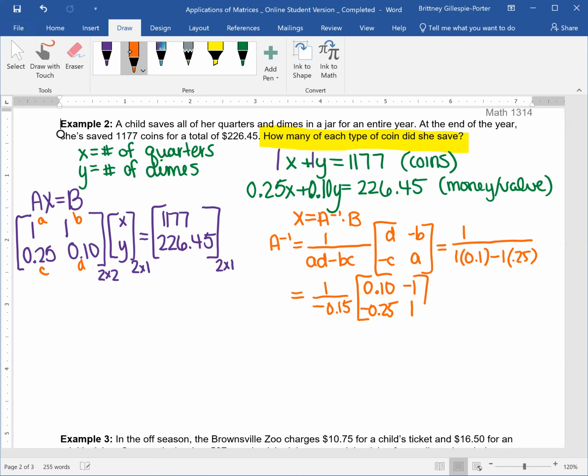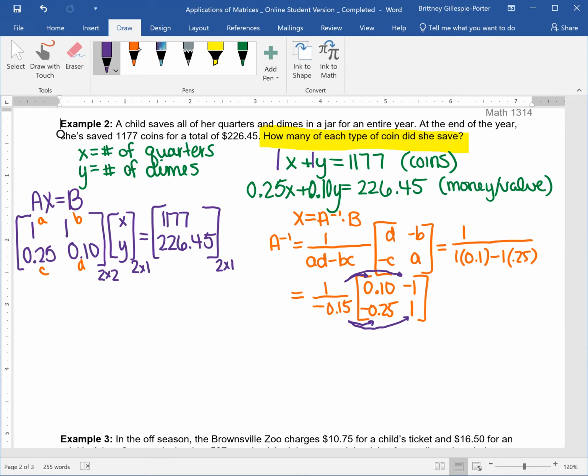If you look at some of the examples online, they will tell you that you needed to multiply that equation to get rid of the decimals. Just keep moving forward. Getting rid of the decimals is an extra step you don't need to do because you have a calculator. When you're distributing the scalar all the way through, take each of these numbers in our crazy matrix and divide by negative 0.15. That is the same thing as multiplying by 1 all over negative 0.15.